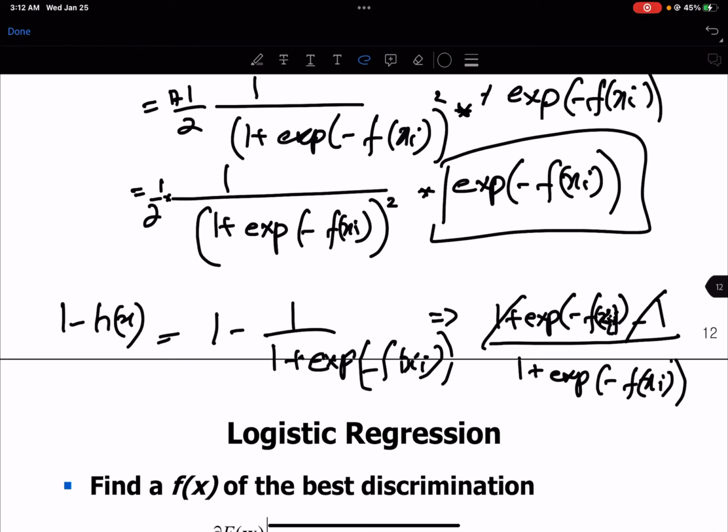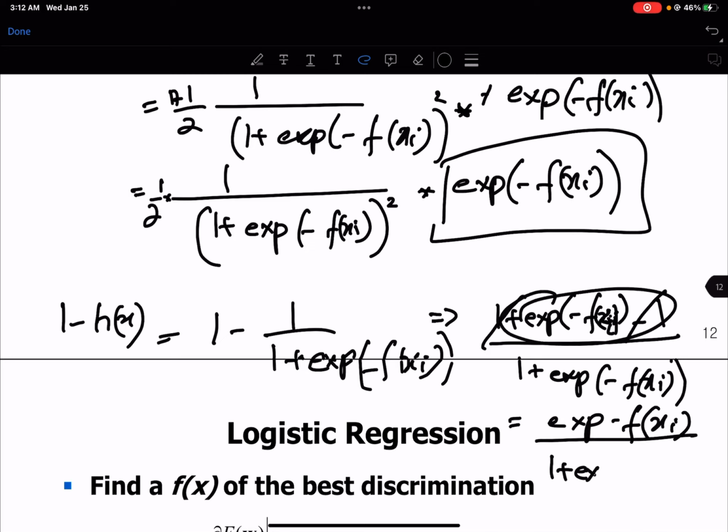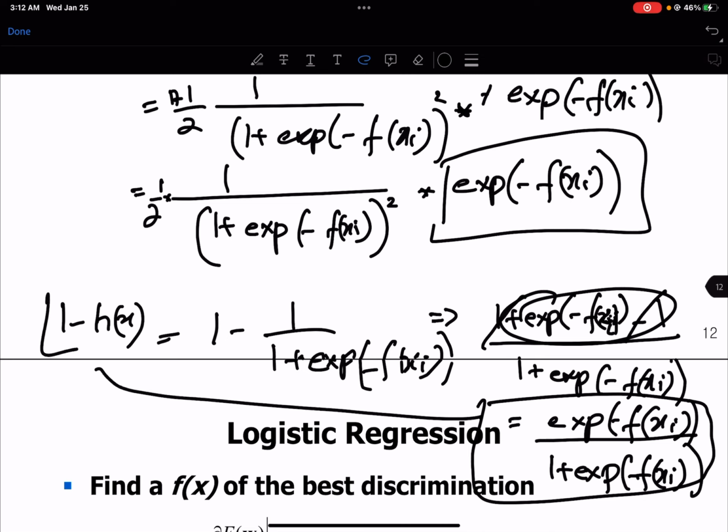This cancels out, and we are left with exponent minus f of xi, this part, by the denominator. So now we can replace this value in this equation. Okay, we have found what is 1 minus h of xi.